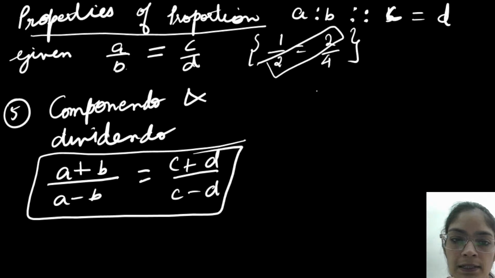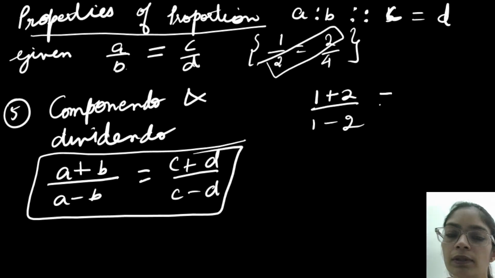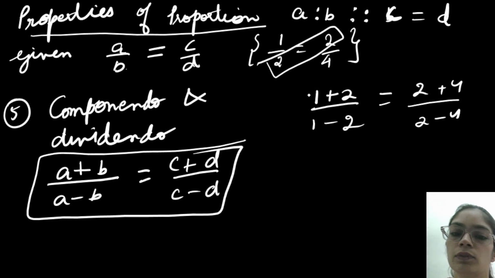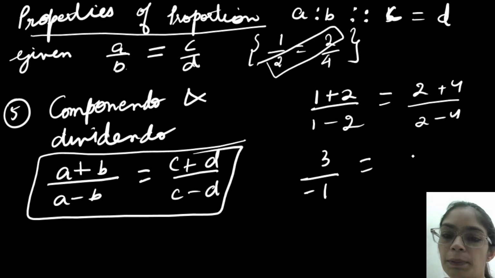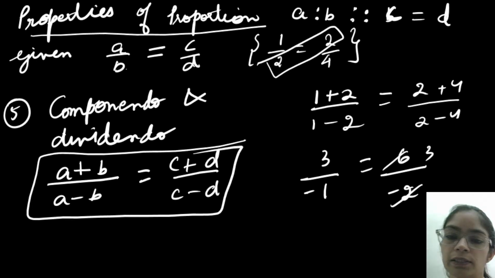This is 1 plus 2 by 1 minus 2 is equal to 2 plus 4 by 2 minus 4. 1 plus 2 is 3, 1 minus 2 is minus 1. 2 plus 4 is 6, 2 minus 4 is minus 2. So here also, if you do cancellation, you will get the same thing only.